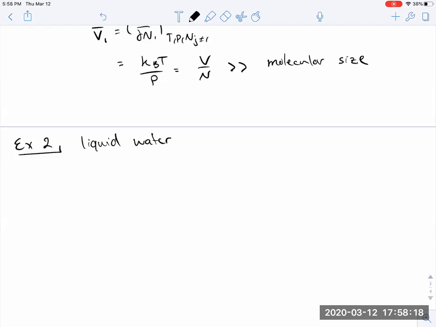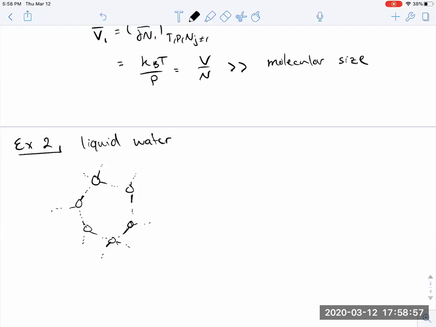So liquid water, it has an oxygen and 2 hydrogens, which can hydrogen bond, forming hydrogen bonding patterns that might look, for example, like this, which of course are extended in 3-dimensional space.